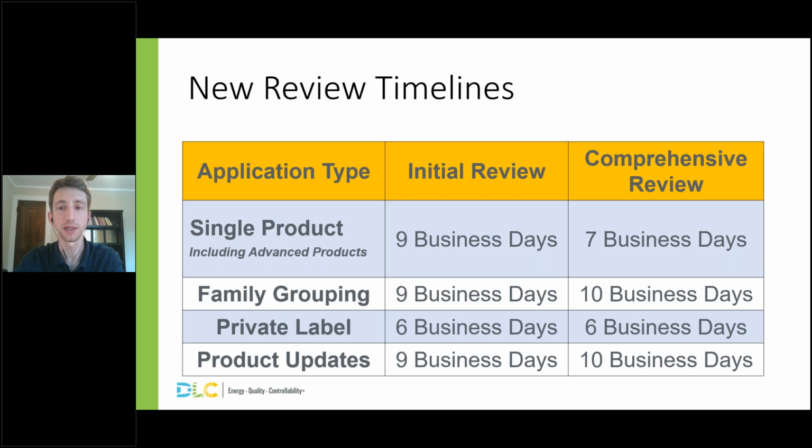Advanced products being products that had multiple drivers, LEDs, or fans or spectrally tuning capabilities. Moving forward, there is no difference in the review time dependent on those additional features. As Bernadette mentioned earlier, the review is separated into two sections, the initial and comprehensive review. And those time frames for the initial review and comprehensive review can be seen here.